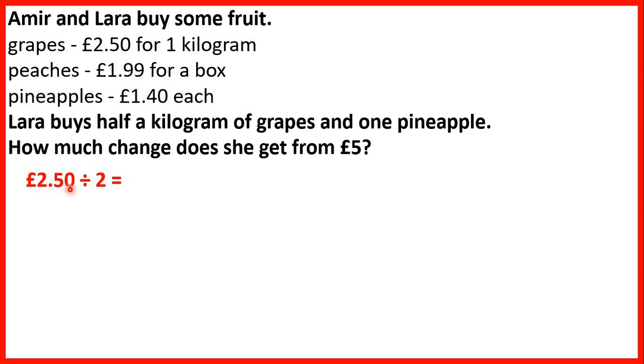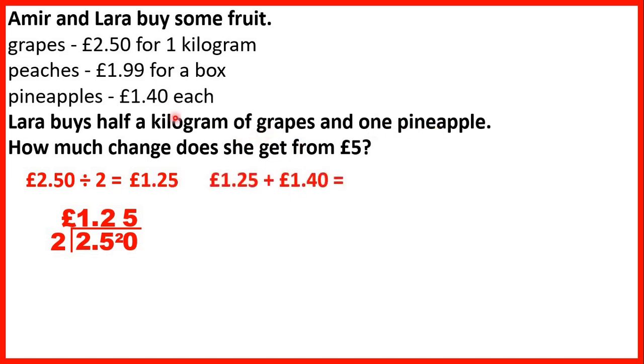Now £2.50 divided by 2 is £1.25, and you might need to use short division here. Then she also buys 1 pineapple, so as well as £1.25 on grapes, she spent £1.40 on a pineapple as well, and that comes to £2.65.